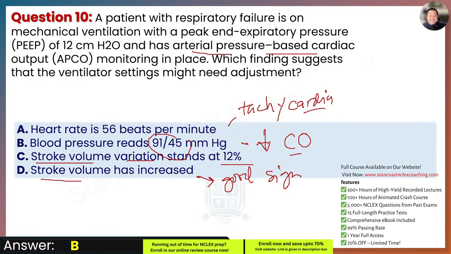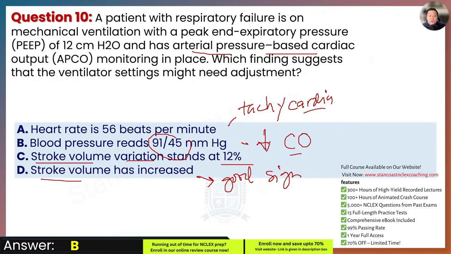In fact, high PEEP is more likely to decrease stroke volume due to reduced venous return from the increased intrathoracic pressure. So the option in D, increased stroke volume, suggests that the patient's heart is compensating well. This would not raise any concern for adjusting the ventilator setting.